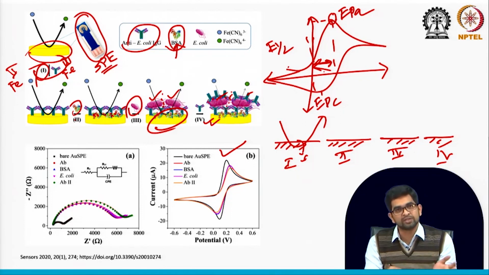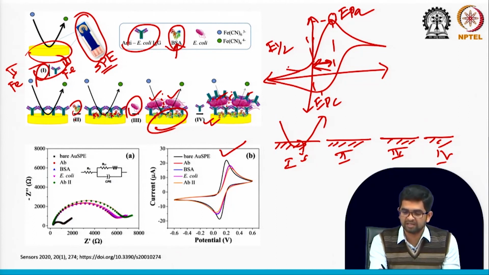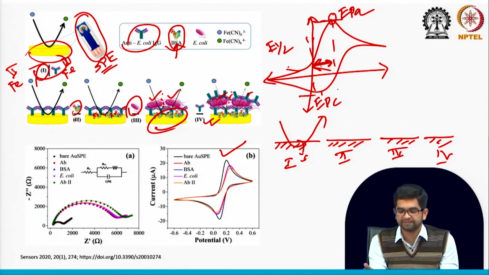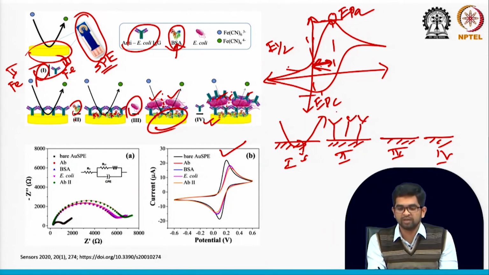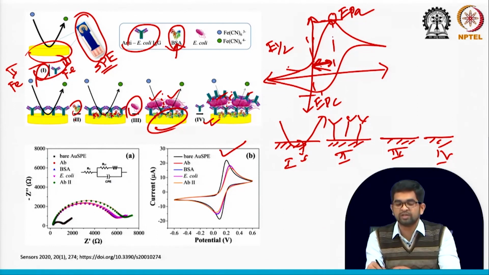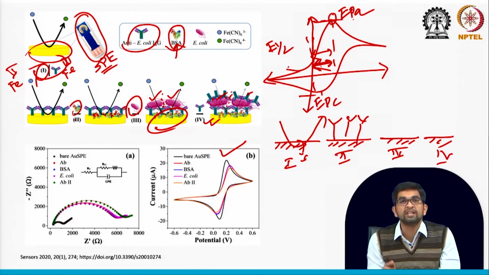This kinetics maybe I will teach you again after some classes, but just try to understand the basic fundamental theory here: when the electron transfer happens very fast, then this value will be low and the current value will definitely be very high. Now you immobilize the antibody, and definitely protein came, so the electron transfer rate will decrease and the current will also decrease, and slowly this gap between EPA and EPC will increase.